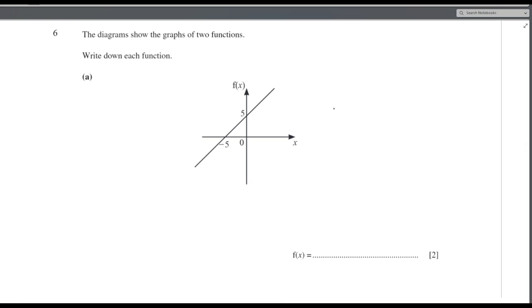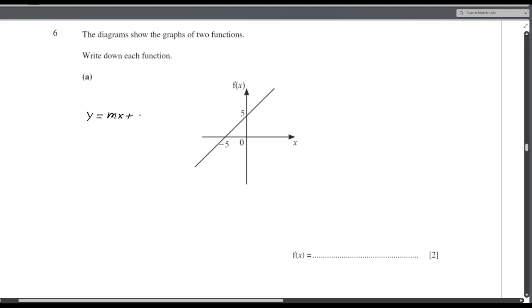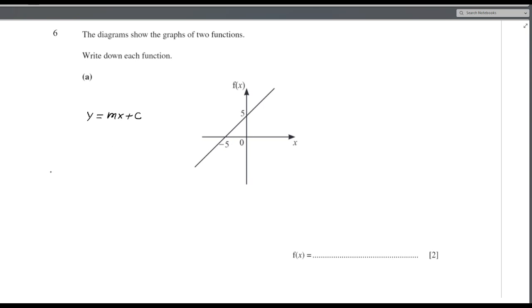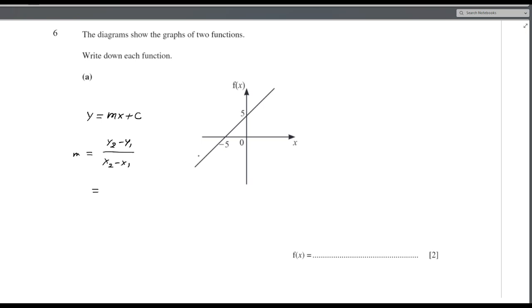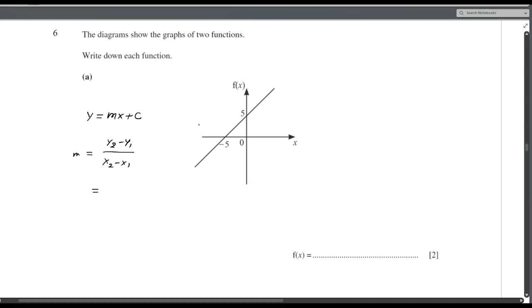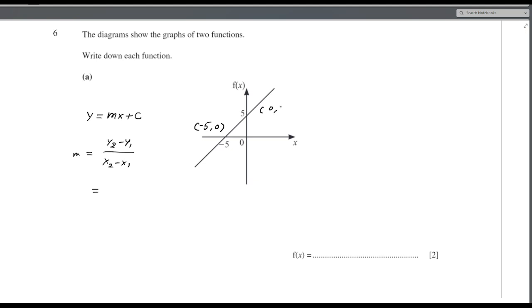Now let us see this. This is a straight line. So I know the equation of a straight line is of the form y equals mx plus c. Now m is the formula y2 minus y1 upon x2 minus x1. As this line is cutting the x-axis at -5, I can consider its coordinate as -5 comma 0, and it is cutting the y-axis at 5, so I consider its coordinate as 0 comma 5.